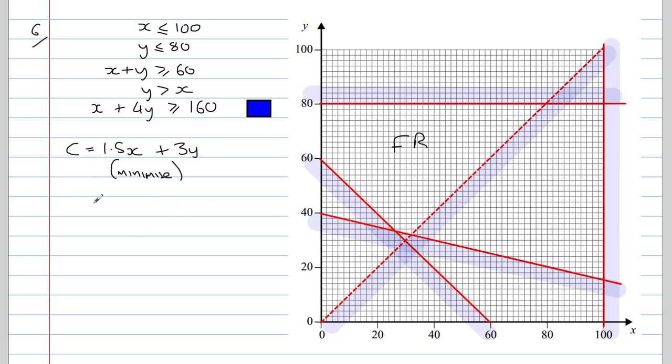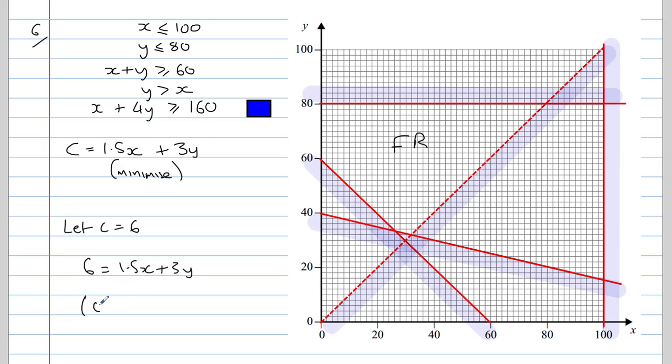What I'm going to do is start off by having a guess for a sensible value of c, and I want a number that 1.5 and 3 both go into. That will mean I have whole numbers on my axes, and a simple answer would be 6, as they both go into 6. So I could say let c equal 6, and then we get 6 equals 1.5x plus 3y, and we could figure out what the coordinates would be to go on this line.